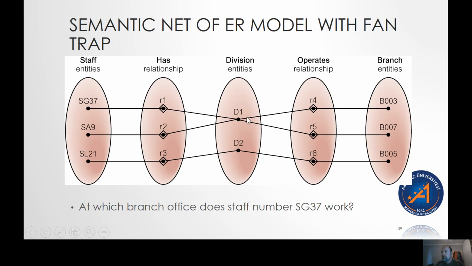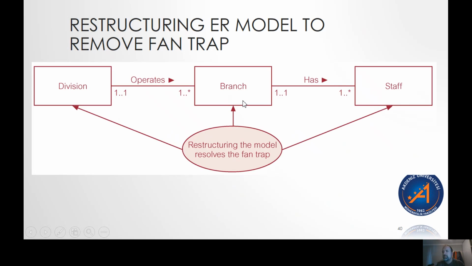So what we need to do to solve this problem is really, we should change up the order of how we did this. So instead of having a department or a division offering or operating branches, this might be better.